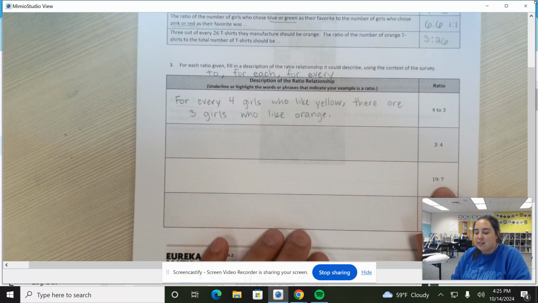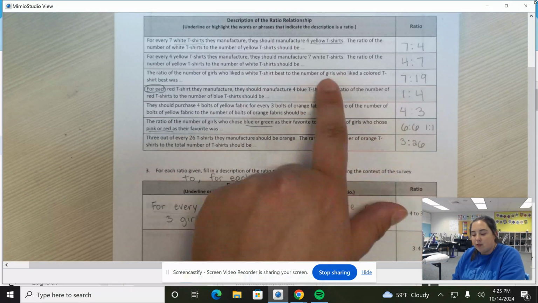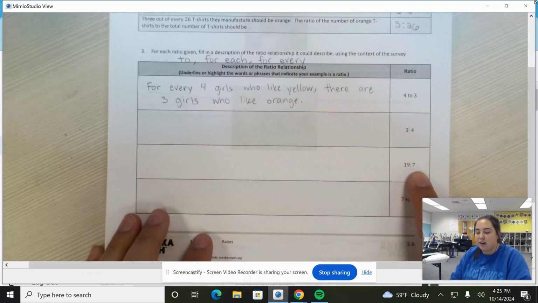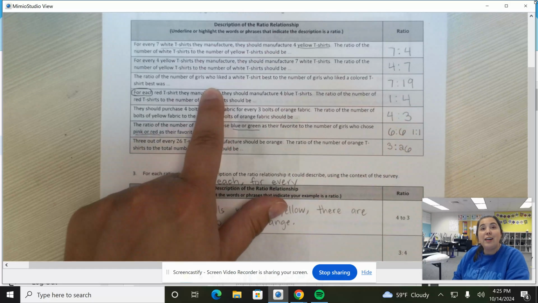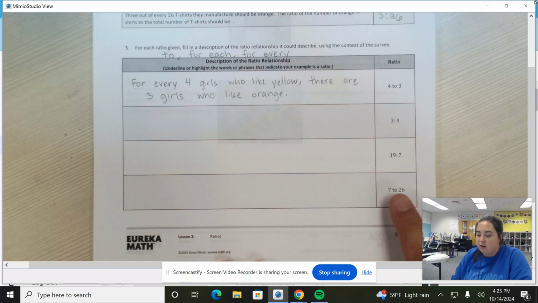For the 19 and 7, if you remember up here, the 19 was the number of girls who just liked colored t-shirts. So 19 to 7, you could almost use this and flip it. For every 19 girls who like a colored t-shirt, there are 7 girls who like a white t-shirt. Last one down here, we had 7 to 26.